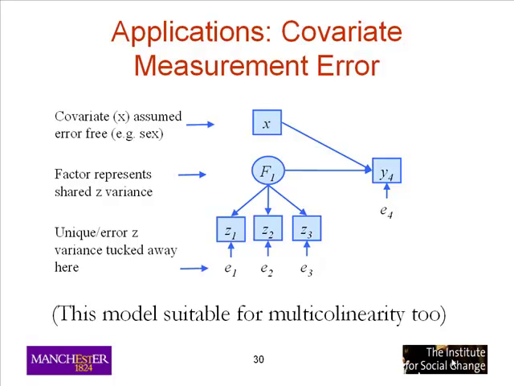So if we think they're all measuring the same thing, we can represent that in terms of a factor, which basically is just the shared variance amongst these items. And the variance that's uniquely associated with each item, including error, is actually tucked away and doesn't influence this structural relationship between the factor and the outcome. And so to a certain extent, we've taken care of some of the measurement error associated with those Z variables.